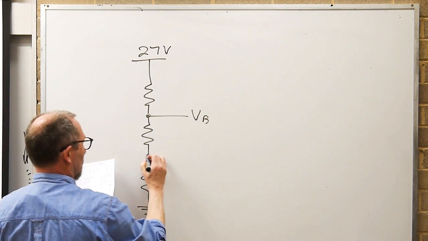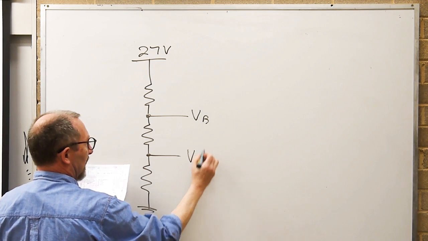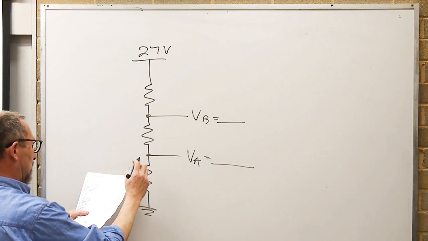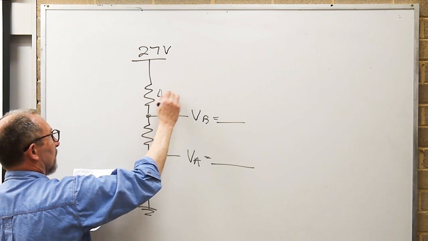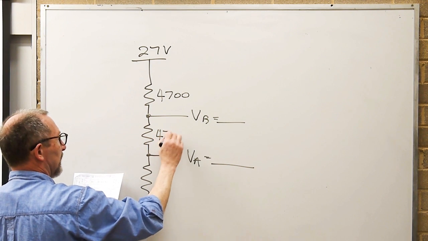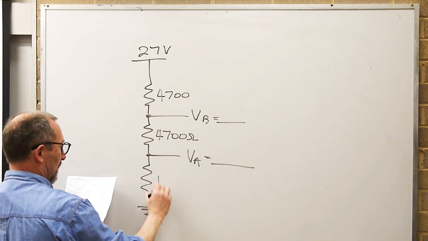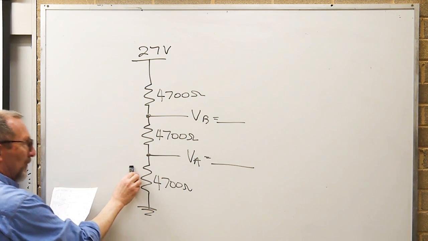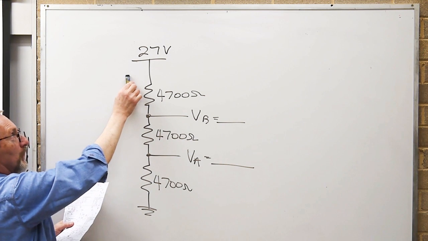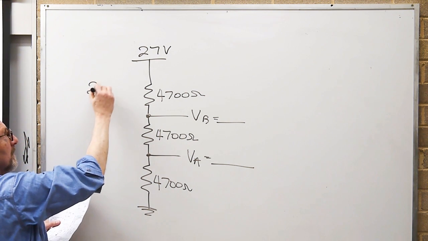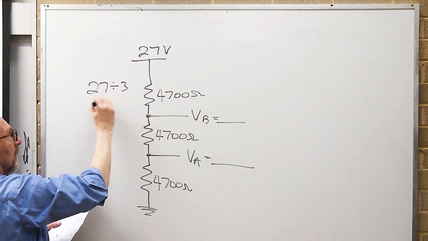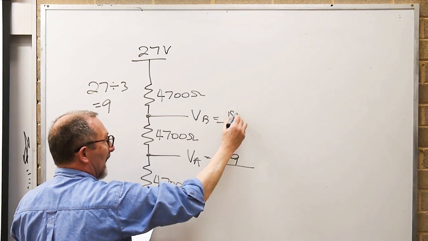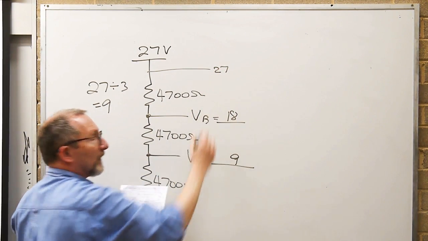VB, VA equals, and wow, 4,700 ohms, 4,700 ohms, 4,700 ohms. 1/3, 1/3, 1/3, 27 divided by 3 equals 9, 9, 18, 27.